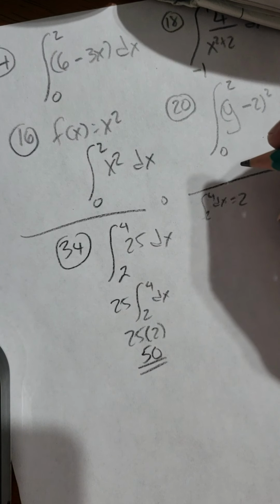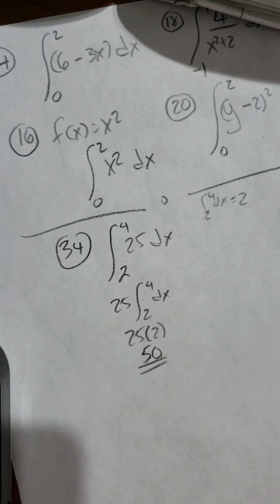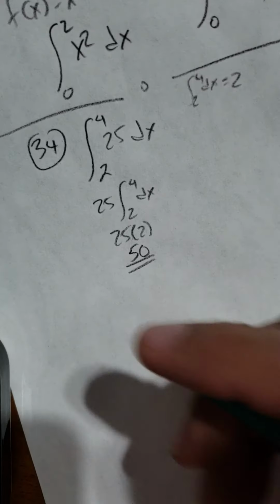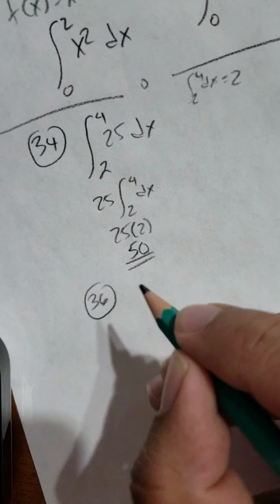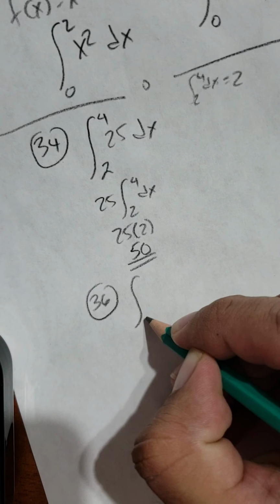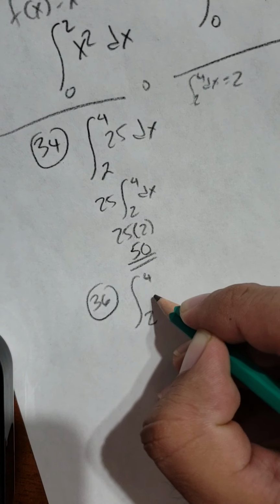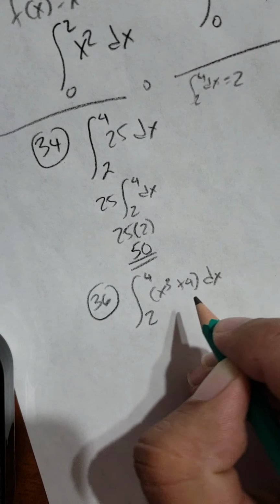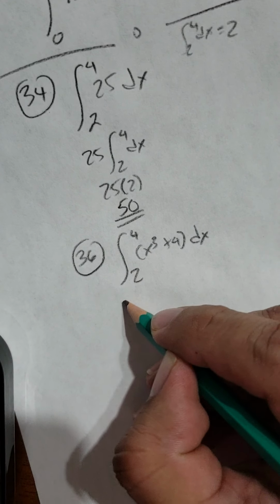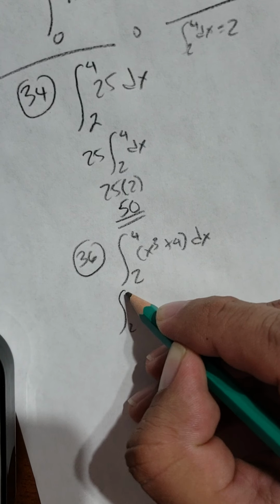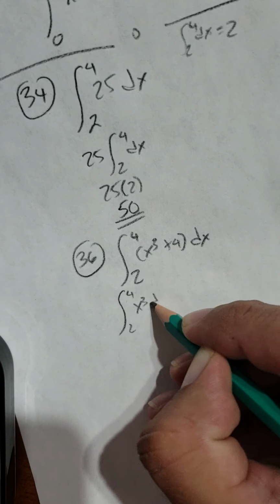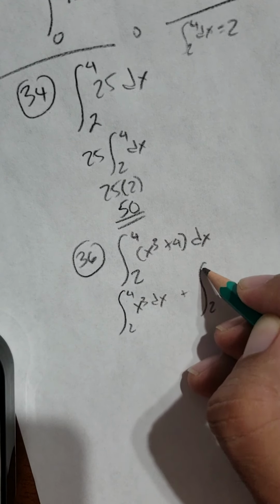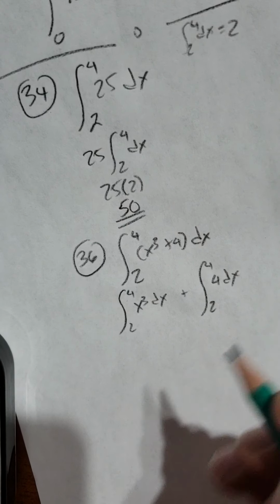Let's do number 36 here. In number 36, we have the integral from 2 to 4 of x to the third power plus 4, dx. Now remember, we have to split this integral into parts, plus the integral from 2 to 4 of 4 dx, leaving the 4 inside.